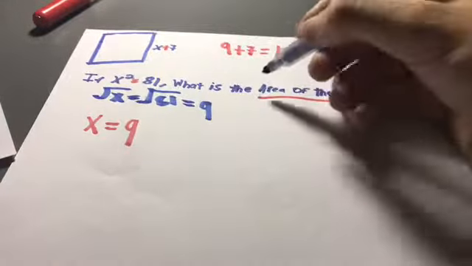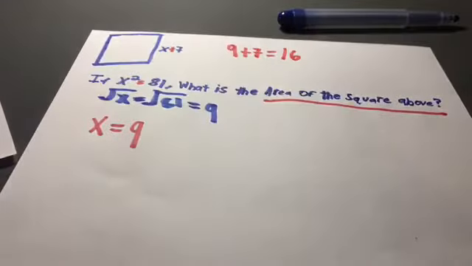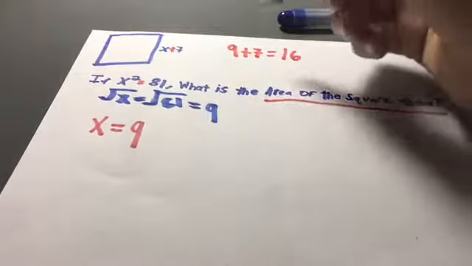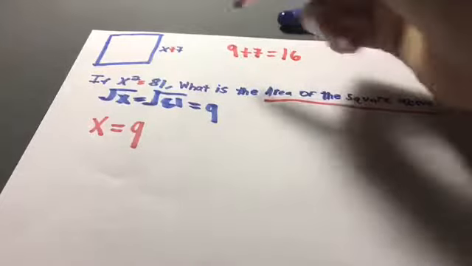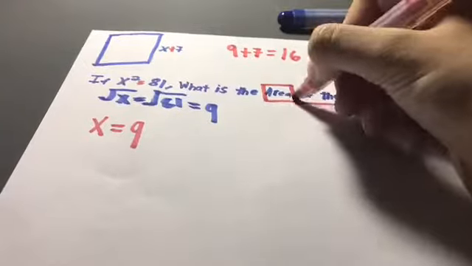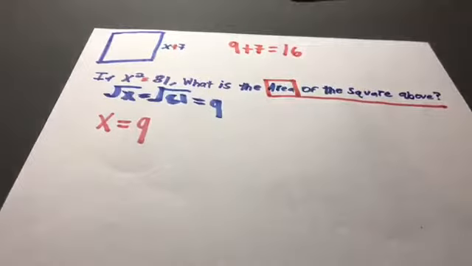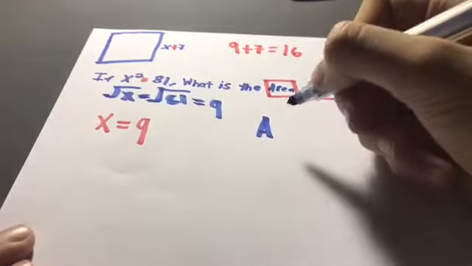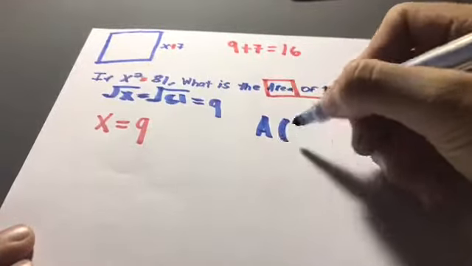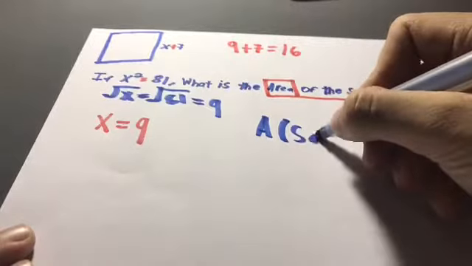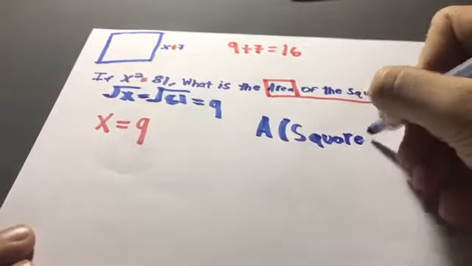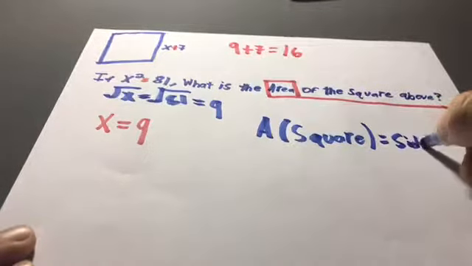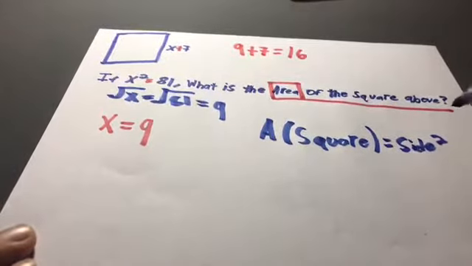So we're trying to find the area, this area. We are going to find the area, and what we're going to do is write the equation area, which stands for A, which stands for area, parentheses, square equals side 2, or over 2, I'm sorry.